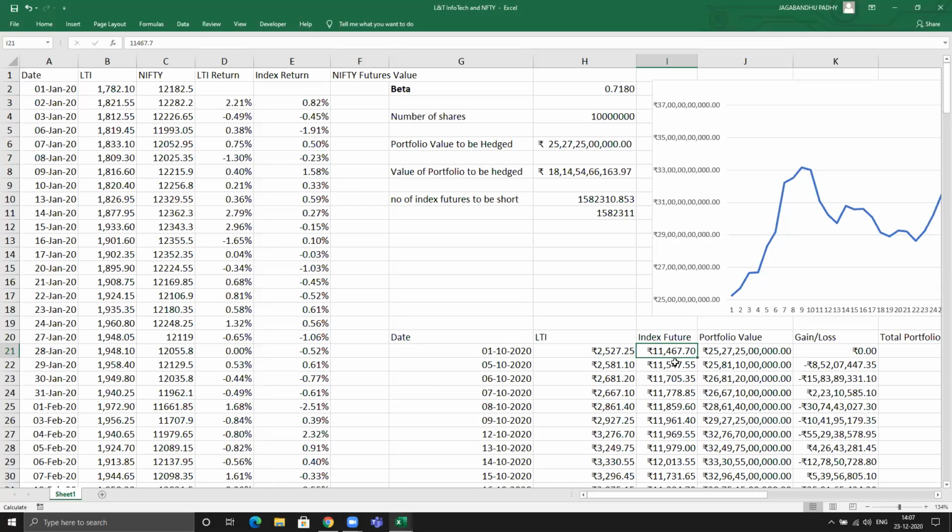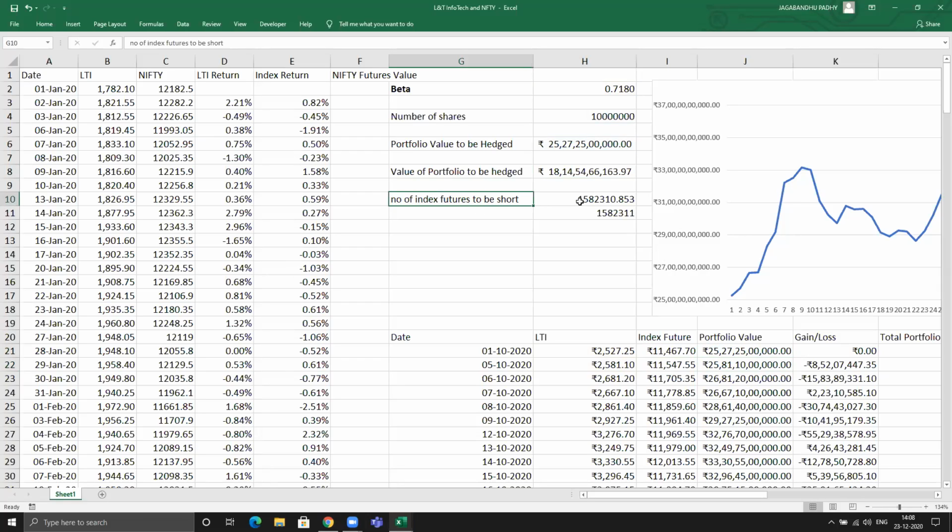And this is the index future portfolio value, simply this multiplied by, okay, this is also multiplied by 1 crore. So value of portfolio to be hedged, you just did this to be written.